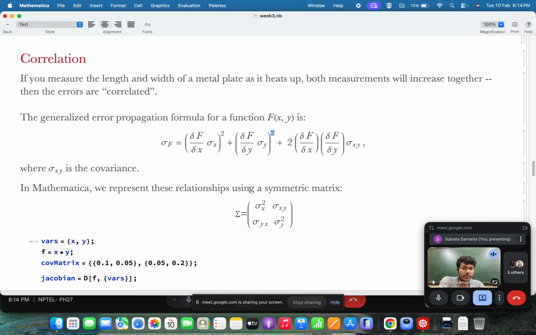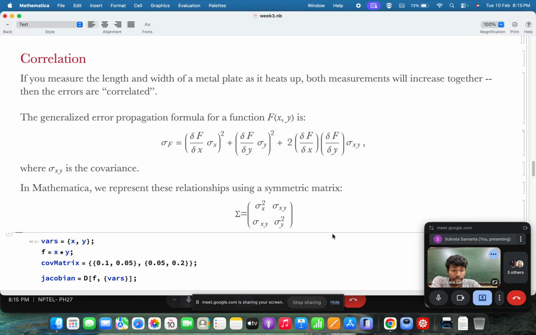These are the diagonal elements, and the correlations always appear as the off-diagonal elements. The off-diagonal elements together give 2 times lambda xy, but there are two off-diagonal elements, so I put lambda xy in each. It is basically lambda xy and lambda yx, and they are symmetric, so lambda xy equals lambda yx. You can also write lambda xy, because they are symmetric.